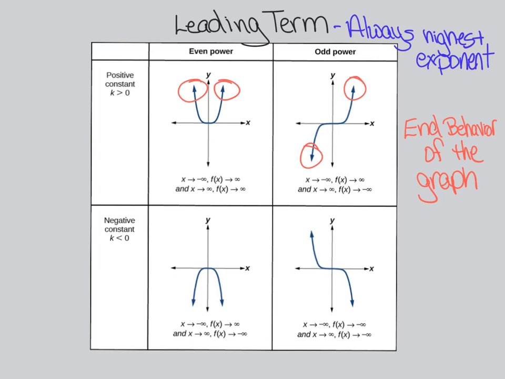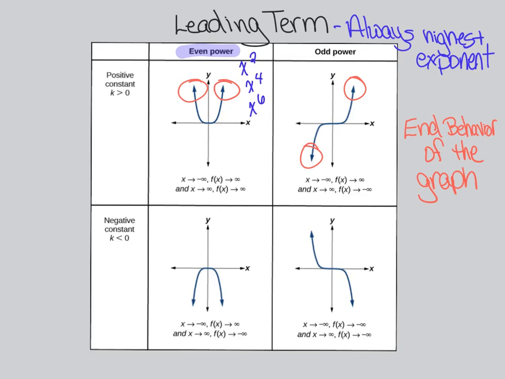Okay. Now, if I have an even power, do you see this right here? Talking about an even power. An even power is x squared, x to the 4th, x to the 6th. Think about what you know about quadratics.